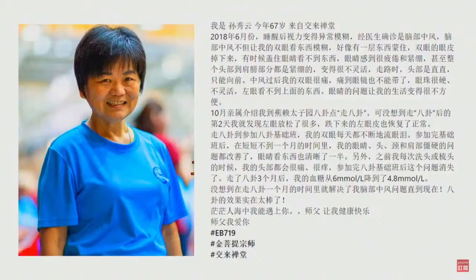The doctors said it's because of a stroke in the brain, and that not only caused her vision to be very, very blurry, but also her eyelids dropped, and she felt that her eyes were very, very tired and tight.